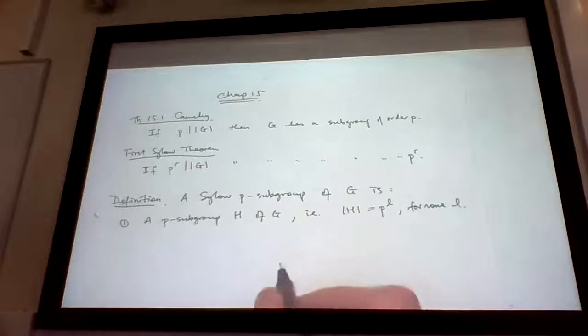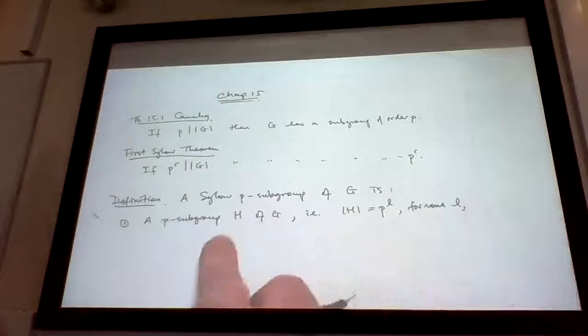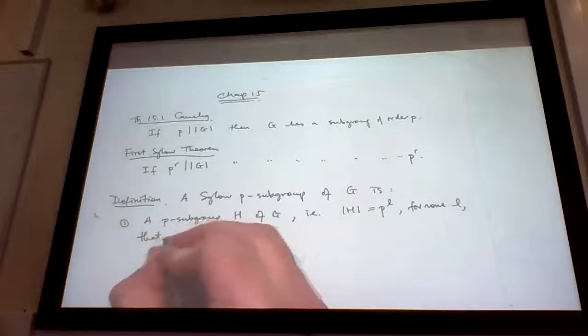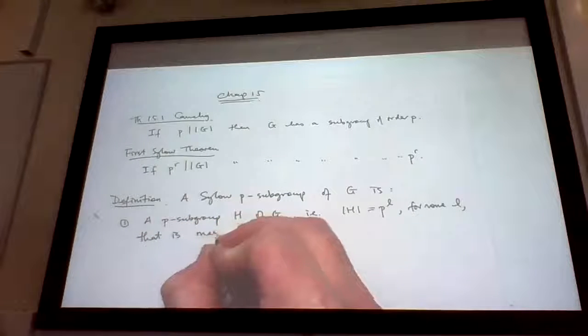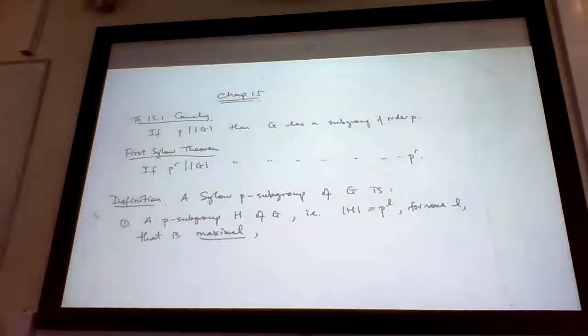Now, this definition isn't finished. So a Sylow P subgroup is a P subgroup H that is maximal. What does maximal mean? Well, it means biggest in some sense.